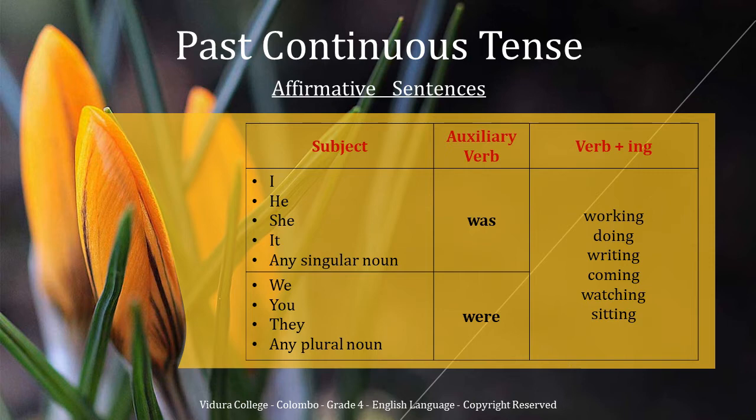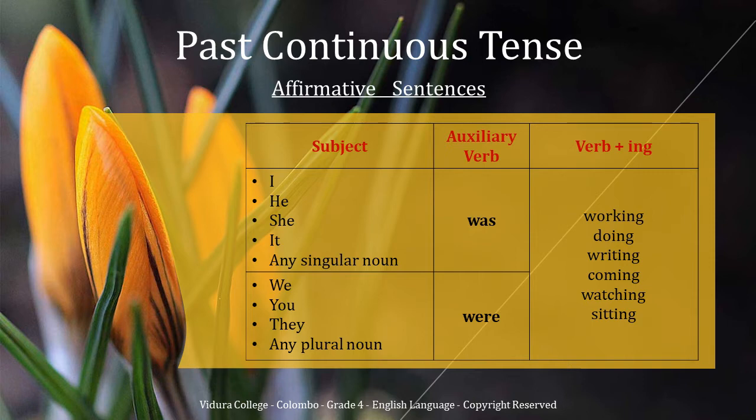Last column is for the verb. Subject is the person who does the action. Auxiliary verb means the helping verb. In past continuous tense, we have only 2 main helping verbs. They are was and were. Last column, the verb. Verb should be with ing.